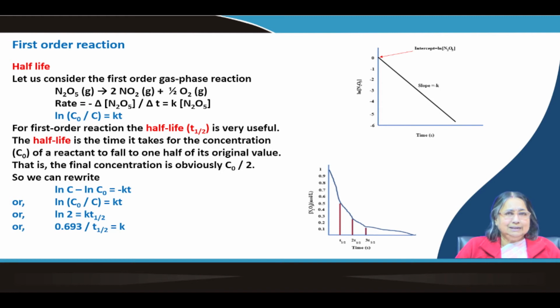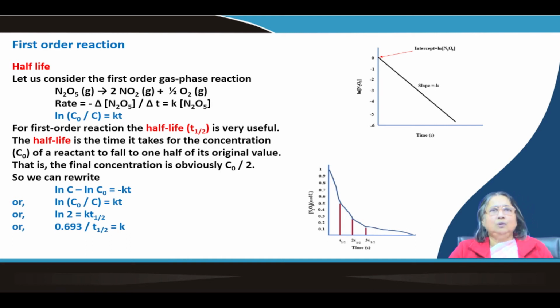Here it matches the order. Order is also 1, first order reaction, and molecularity is also 1, it is a unimolecular reaction. But it may vary, that is the point. Order and molecularity may not be the same. Here it is the same, but it may not be, and you must remember that.